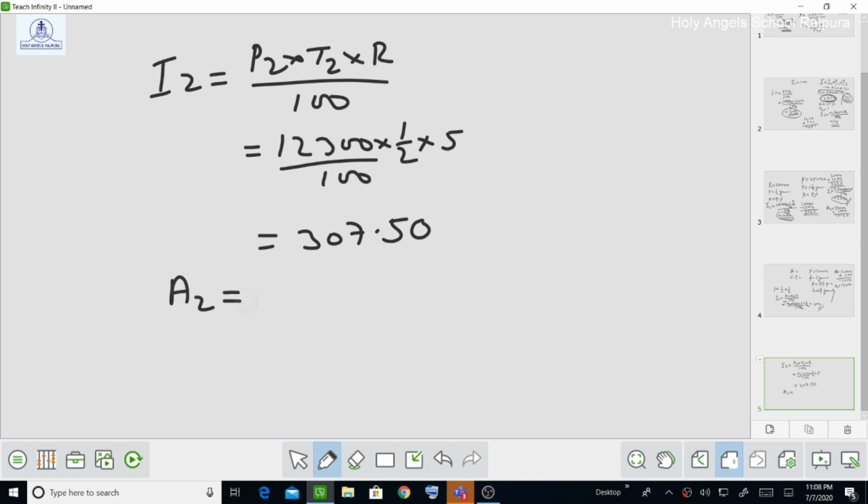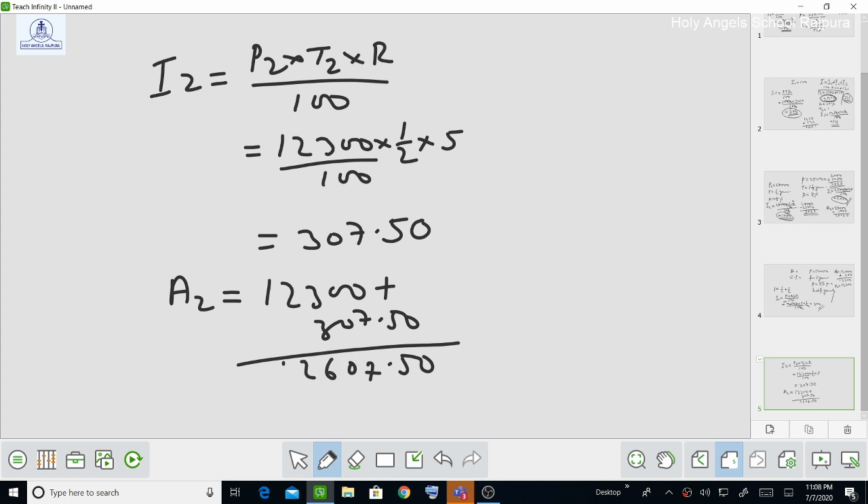Now we calculate the amount after 1 year, that is 2 half years. The amount after 1 year becomes 12,300 plus 307.50, that is equal to 12,607.50. This is the amount after 1 year when the compound interest is calculated on 12,000 rupees on a half yearly basis.